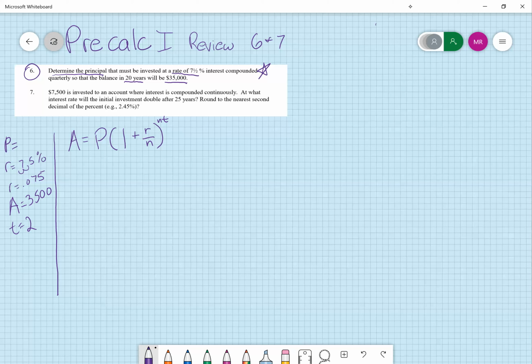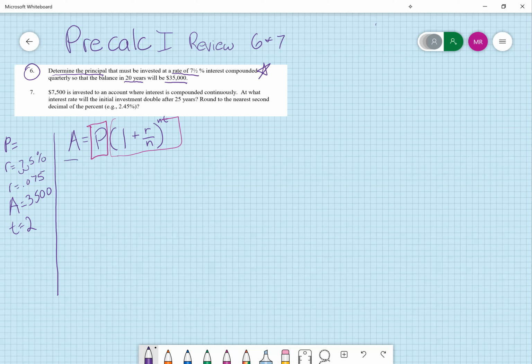Now, I can plug this in, but sometimes I like to switch the formula around before I get started. Because I need to solve for P, I'm going to make it so that it's P equals. I've got P times 1 plus R over N, all raised to the NT.